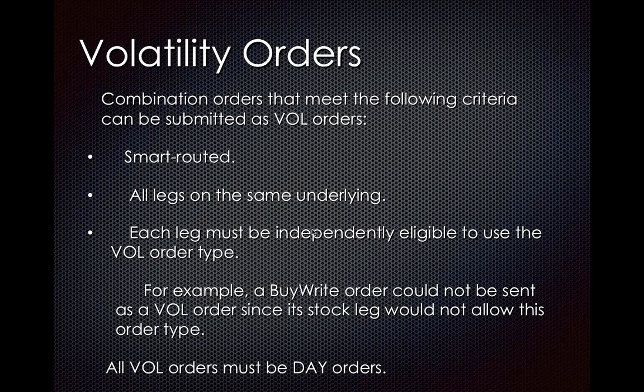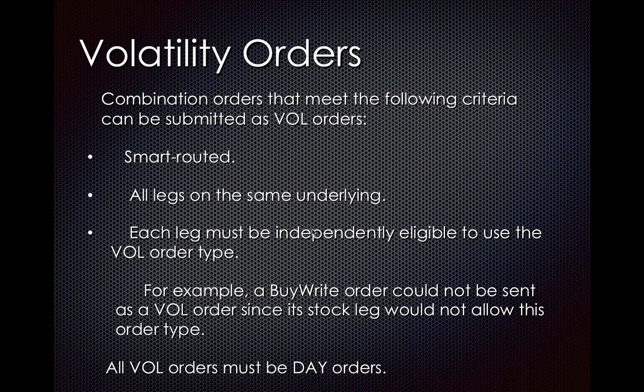Volatility orders will not work with, say, covered calls or married puts. So that's not acceptable, unfortunately. But you can still do other purchased stock, for instance, or other types of orders, which will help you enable some delta hedging, etc., more complex stuff, which we can discuss individually or at your request.